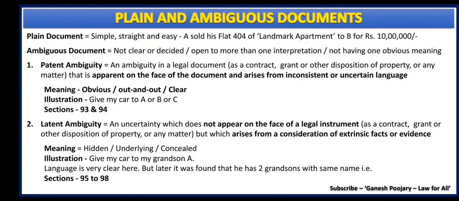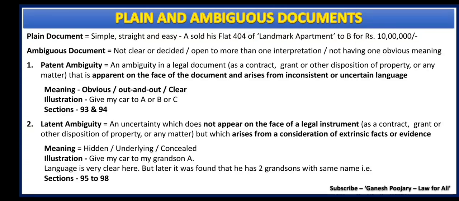I will just refresh you here. In patent ambiguity, the ambiguity is available on the face of the document, or you can clearly see the inconsistent or uncertain language on the face of the document itself, whereas in latent ambiguity, it is not available on the face of the legal document.